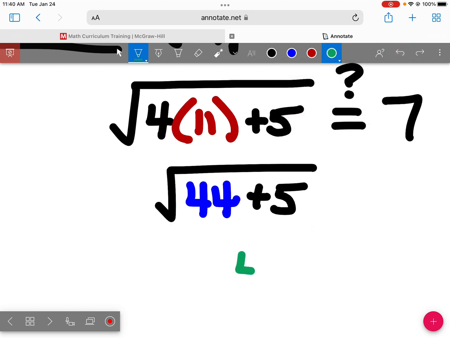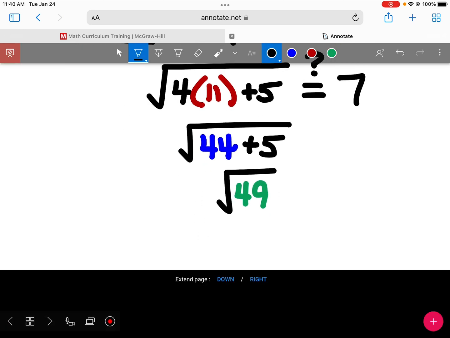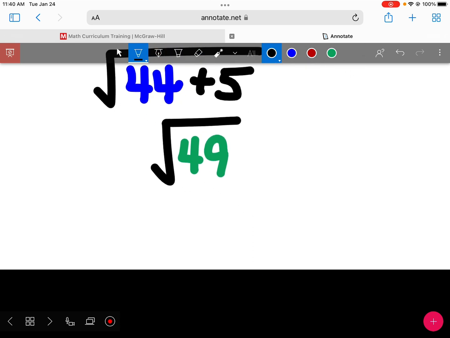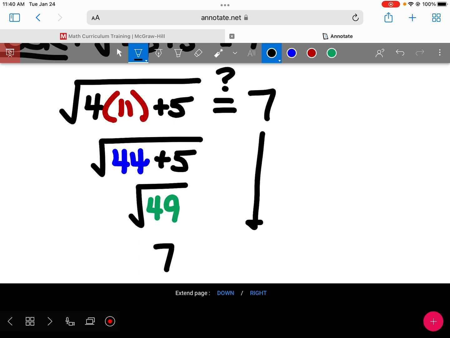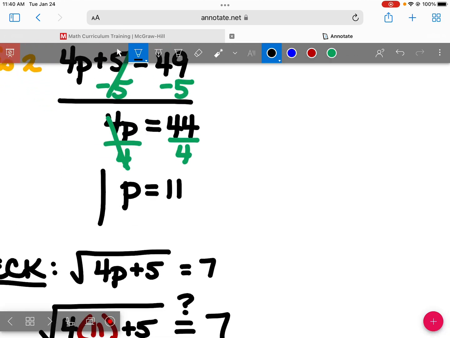I get 49 underneath the radical. Can I simplify that anymore? What is the square root of 49? 7. So is this valid or extraneous? Valid. How do we know? Yes, on this other side, I had a 7 already, and those two things are equal. So this is a valid solution.